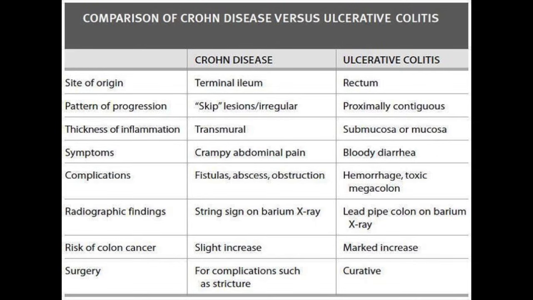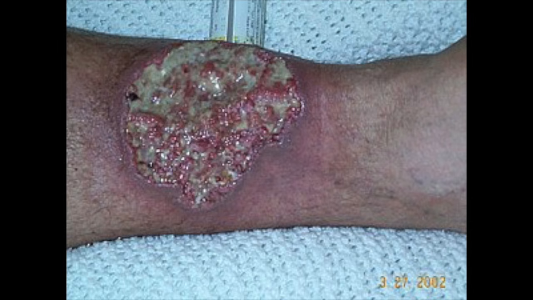UC is also associated with toxic megacolon, and also with primary sclerosing cholangitis of the biliary tree. They're associated with pyoderma gangrenosum, which is one of those ulcers you see on the skin that are white, but they're sterile. So you treat pyoderma gangrenosum with steroids.